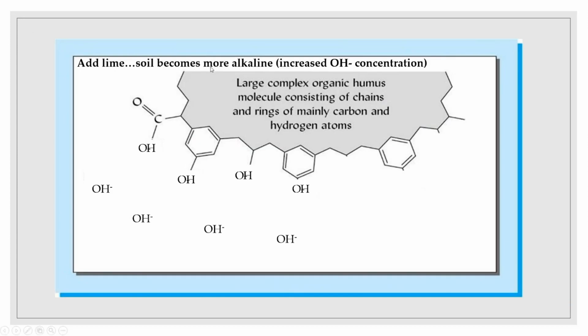Okay, so as much chemistry as I'm going to get into here, the thing that we need to know about pH is that when a soil is more acidic, it has a greater hydrogen plus concentration. When we add lime, soils become more alkaline, meaning it has a greater OH negative, or hydroxyl, concentration.